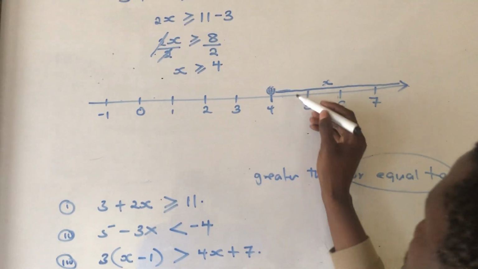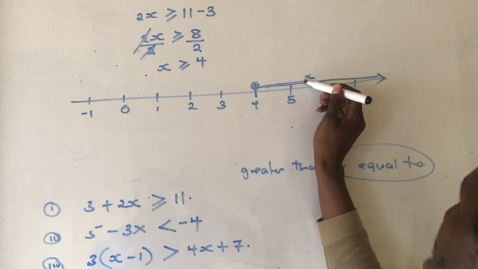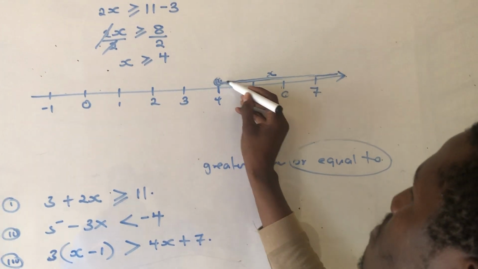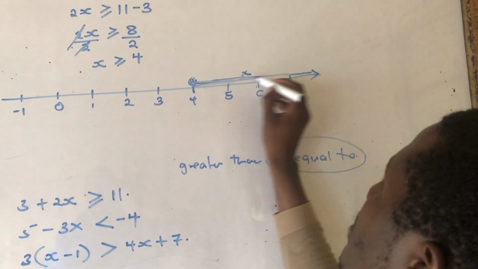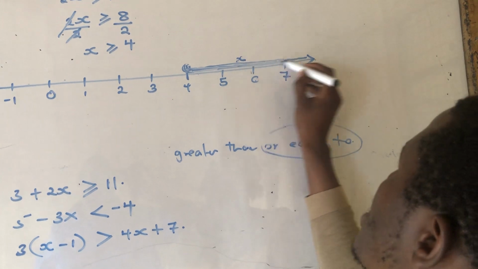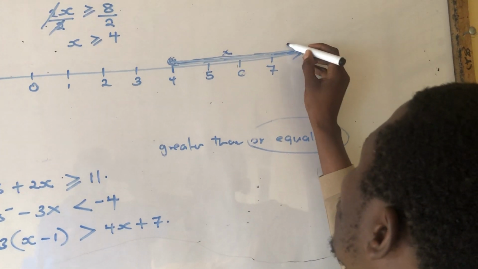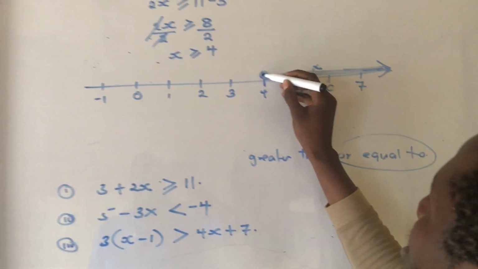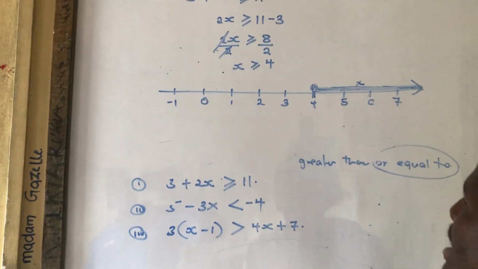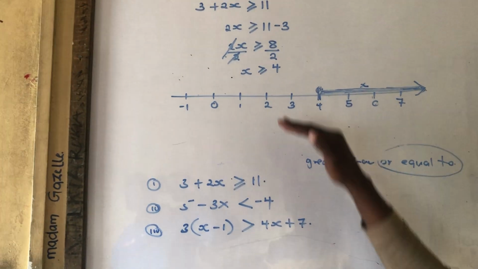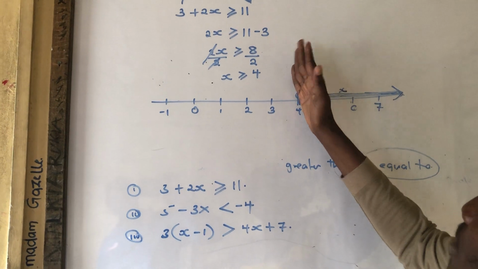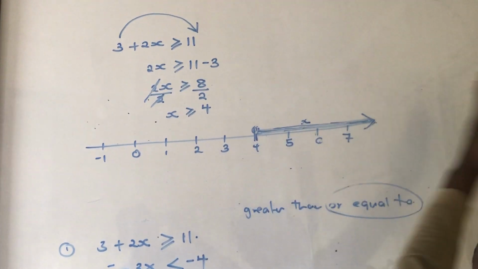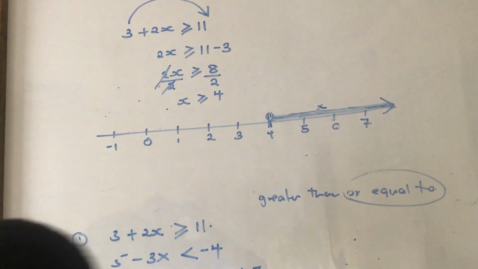You can make the line thicker, or if you like, you just draw another line above that other line to indicate that these values of x are from 4 heading in this direction. And that becomes our number line.